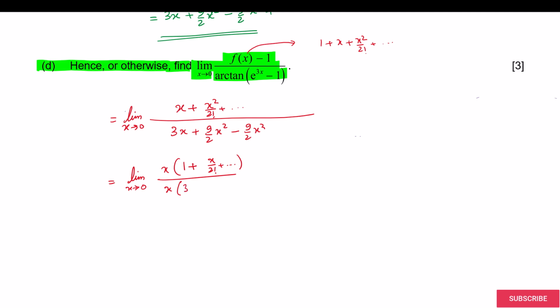It is 3 plus 9 over 2 x minus 9 over 2 x squared plus and so on. We can cancel them, and now we plug the value of x in this, so it becomes 1 over 3. So that's the limit. And that's the end of this paper.